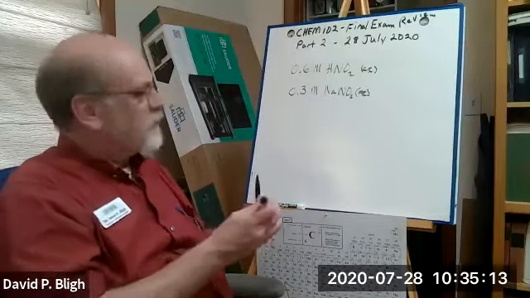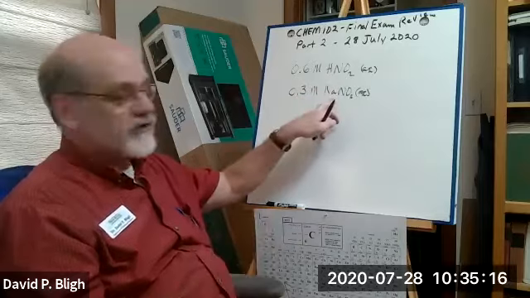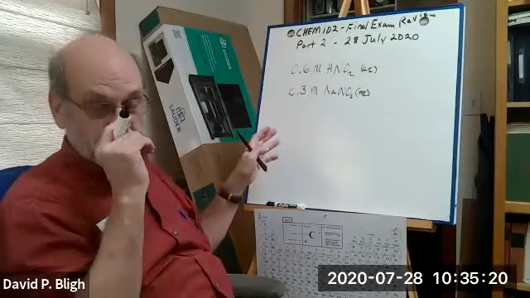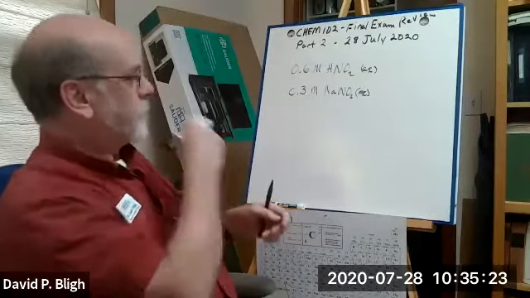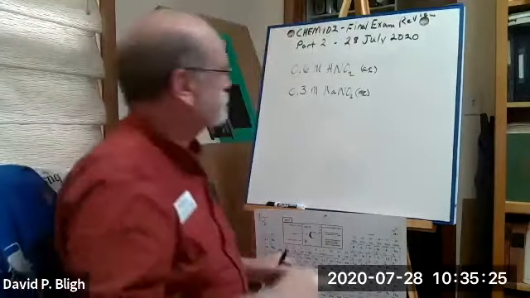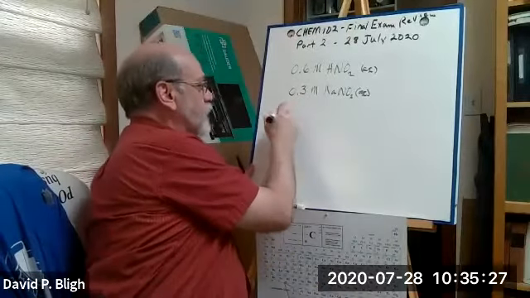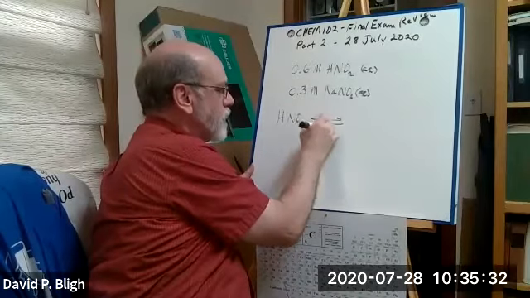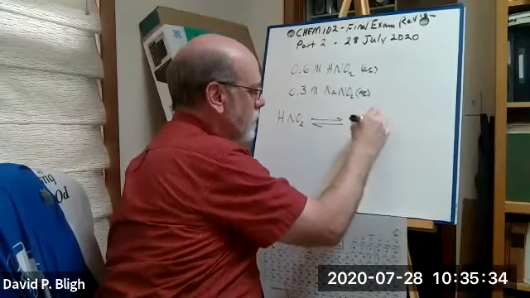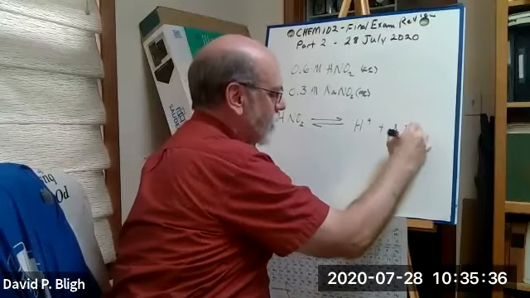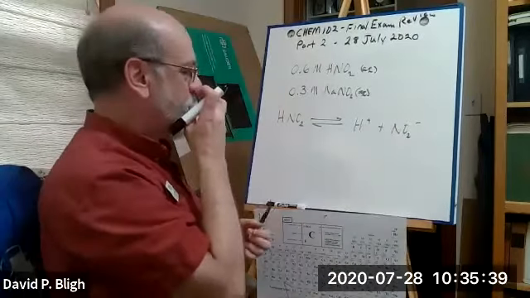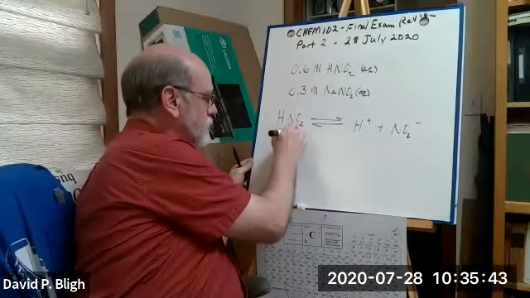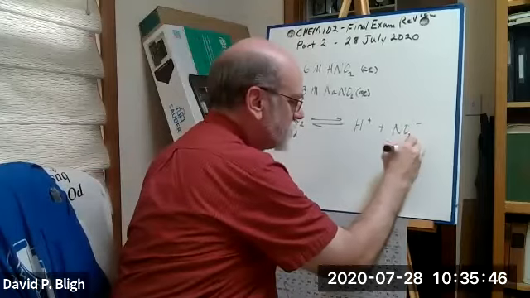Anyway, we're going to combine this acid and that salt of the acid. Now, do we have a candidate for a buffer? That's the question first. Well, let's see. If we go from here to here, that means this is the acid, this is the conjugate base.